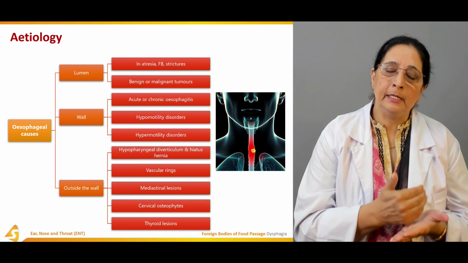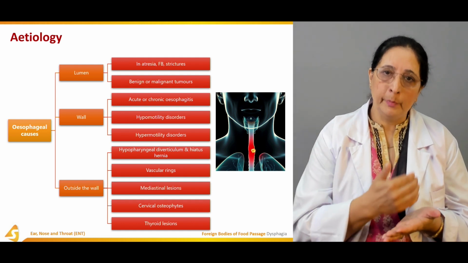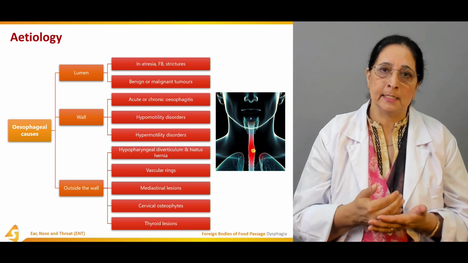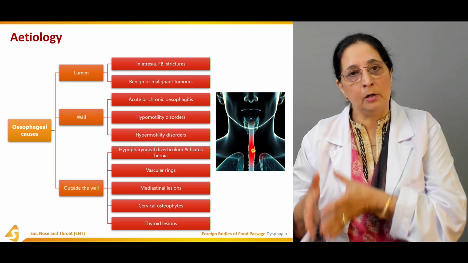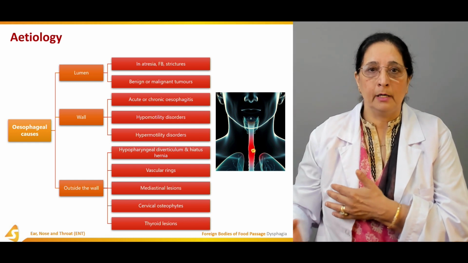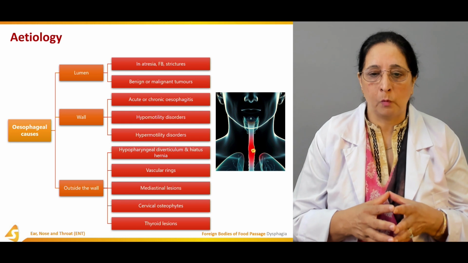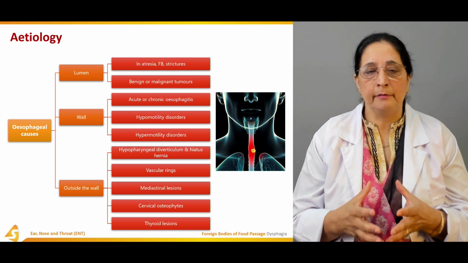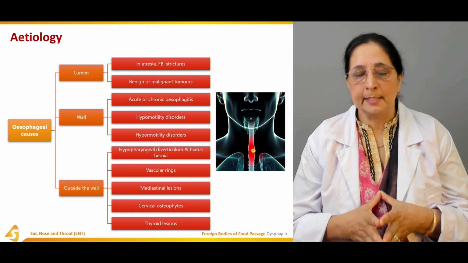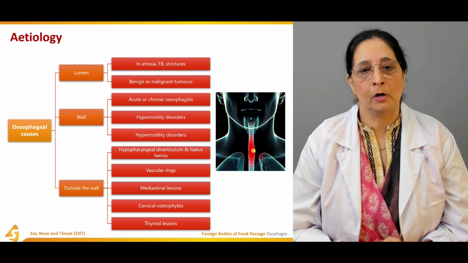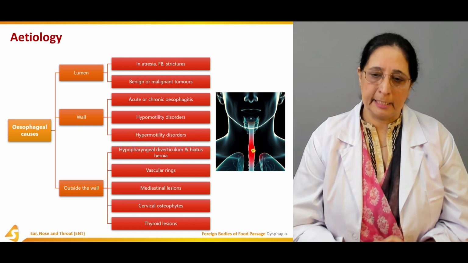It can be in the lumen of the esophagus, which is the opening through which the food passes. It can be in the wall of the esophagus. It can be in the outside area of the esophageal wall, which can have mediastinal lesions, cervical osteophytes, thyroid lesions. All these different conditions can cause dysphagia.